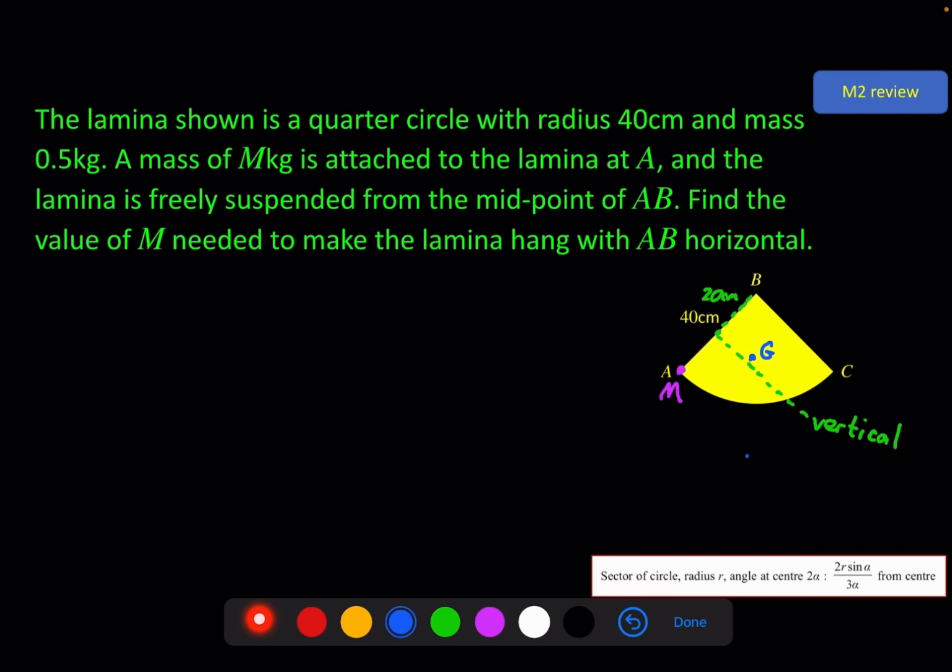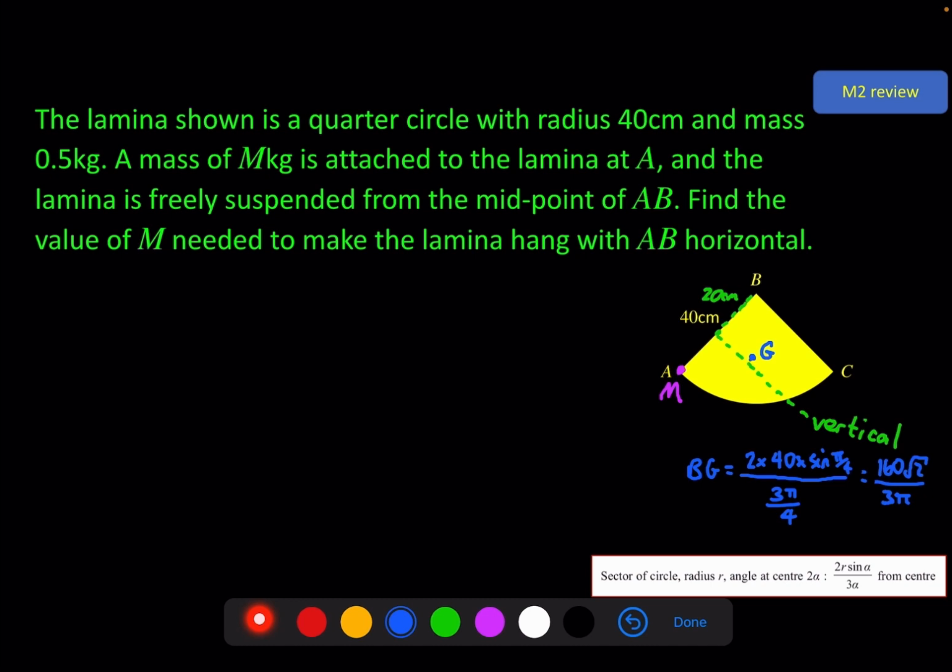So that's 2 times 40 times sine of pi by 4, which is root 2 over 2, divided by 3 times pi by 4. 160 root 2 over 3 pi, if I keep it in exact form for now.